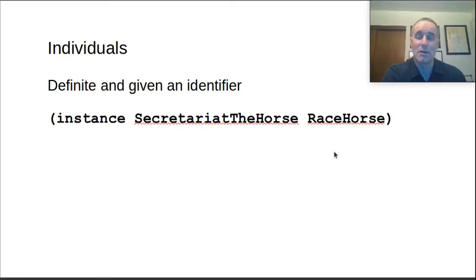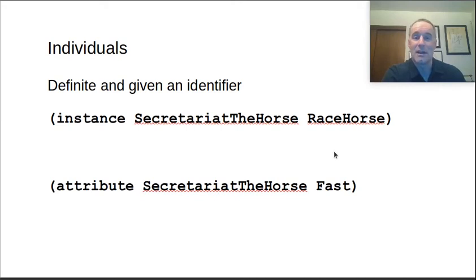A very important thing to remember is not to sort of anthropomorphize the software that you're writing. The machine really has no understanding of these arbitrary symbols. It's these logical relationships and logical formulas that give it meaning, right? So we can say that Secretariat the horse is a racehorse, and we can also say that it has the attribute of being fast.